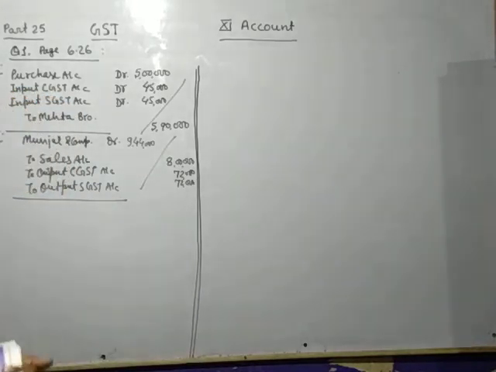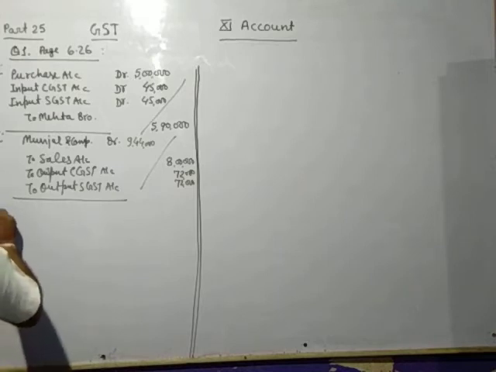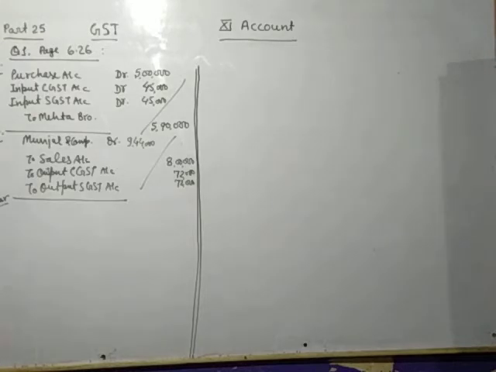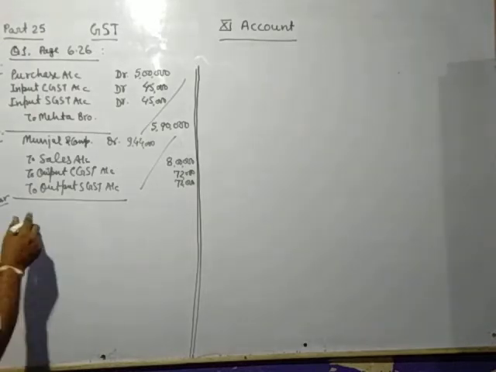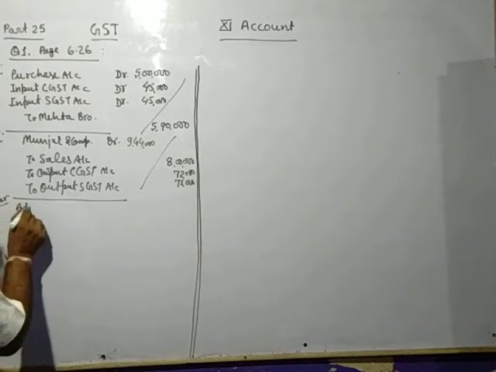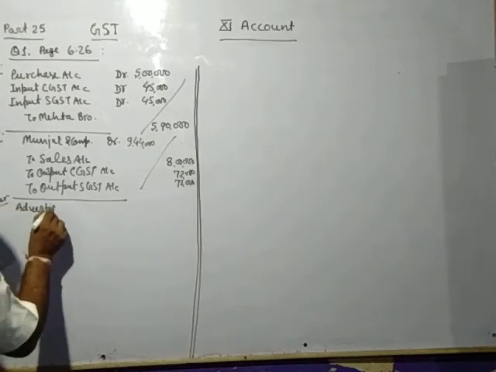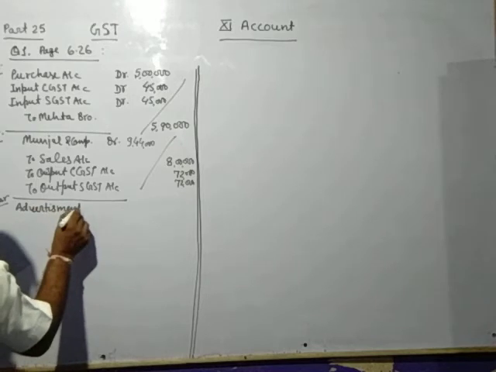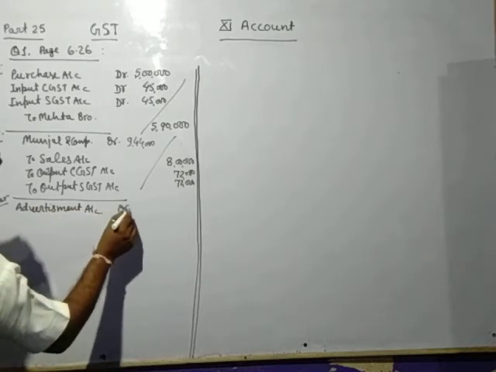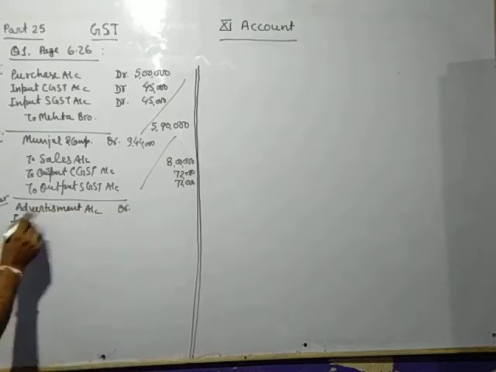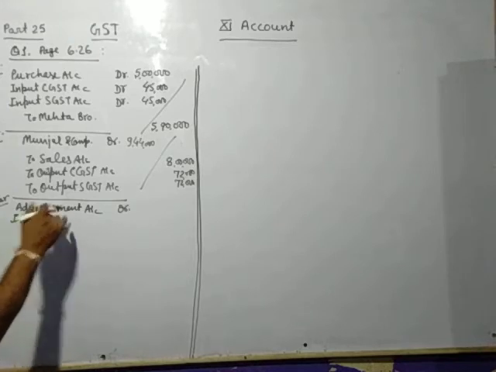Now next one is paid for advertisement 40,000 by check. Date is 15 March. So advertisement account debit. Advertisement is an expenditure, so you will pay the GST.